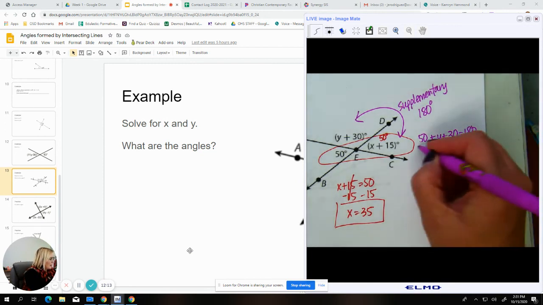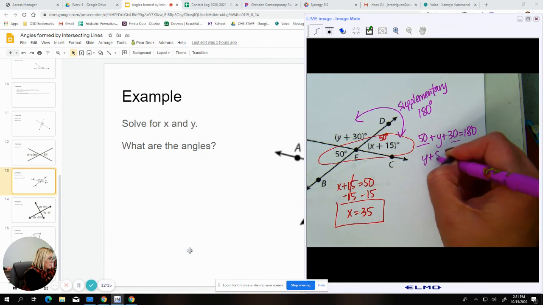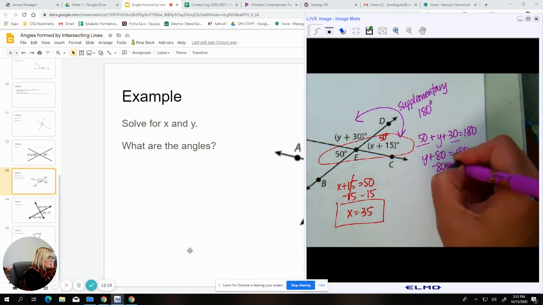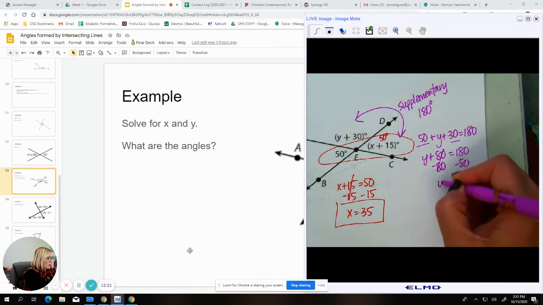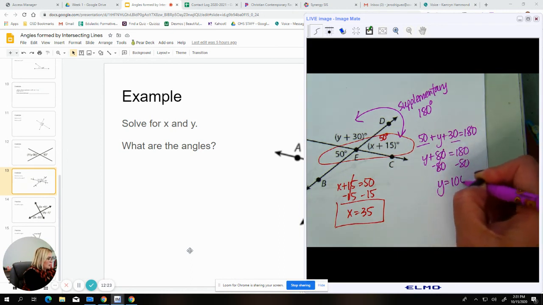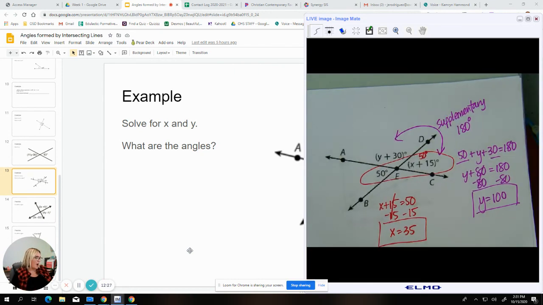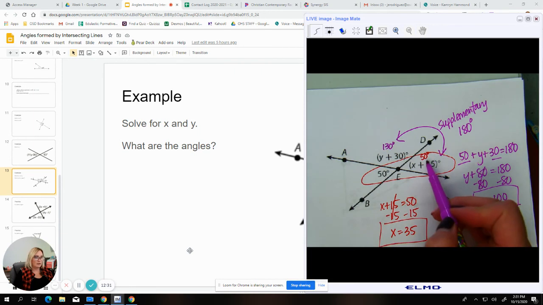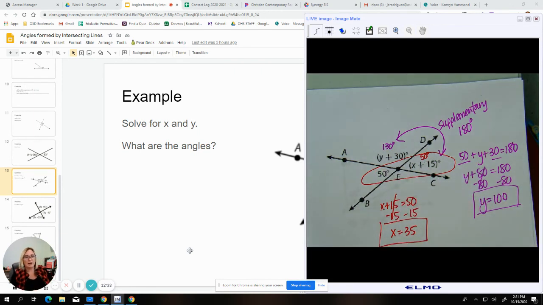So I'm going to combine my like terms. I get y plus 80 is equal to 180. I subtract 80, and y is equal to 100. So I've solved for x, I've solved for y. I know that this angle has to be 130, this angle has to be 50, so now I've solved all of my angles.